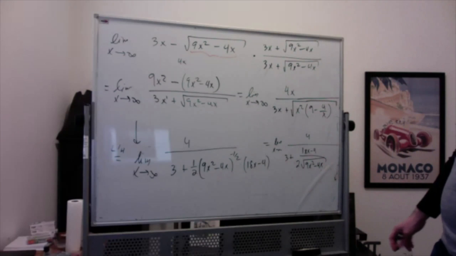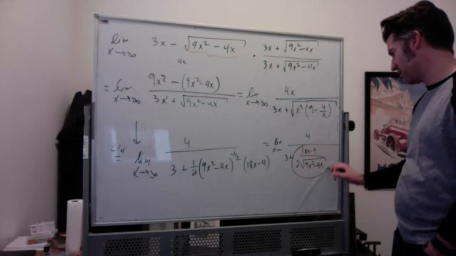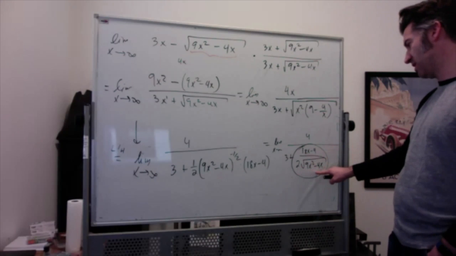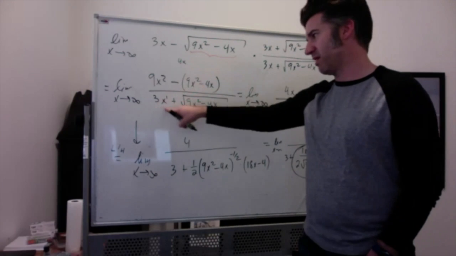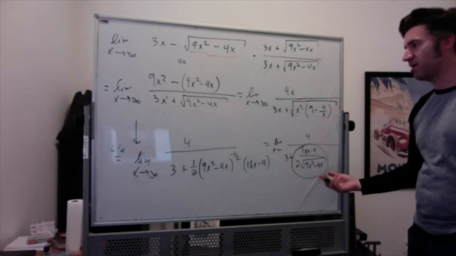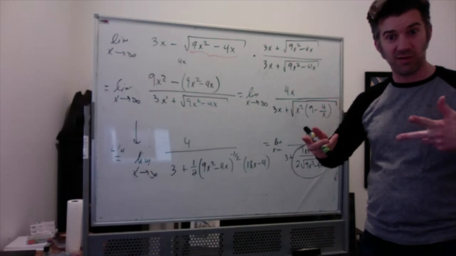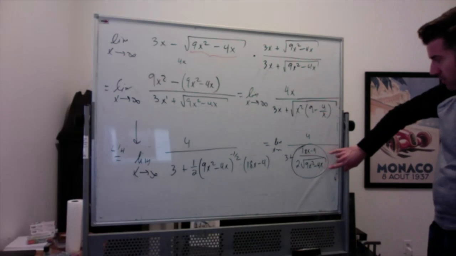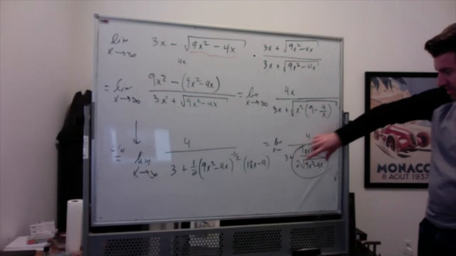And although it's not exactly the same, I'm getting back to the same terrible spot. This 18x minus 4 over 2 square root of 9x squared minus 4x is pretty similar to 4x over 3x plus the square root of 9x squared minus 4x. This kind of thing often ends up getting you in some sort of infinite loop, where if you want to use L'Hopital's rule again, you flip this over, or you multiply top and bottom by this denominator.